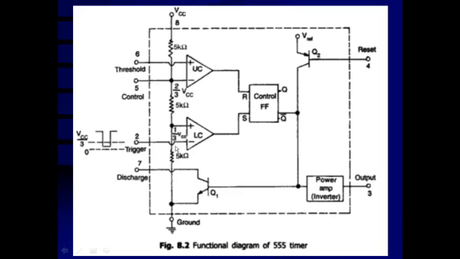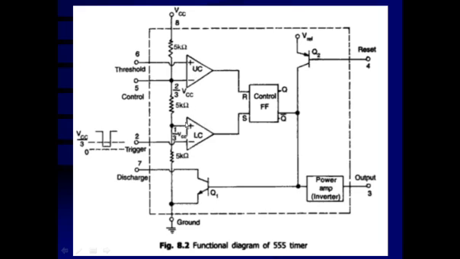So, from the terminal between resistors 1 and 2 you can derive a voltage which is 1 by 3 of the VCC, and between 2 and 3 the voltage you can obtain is called 2 by 3 VCC. This 1 by 3 VCC is connected to the lower comparator, and this is the upper comparator.